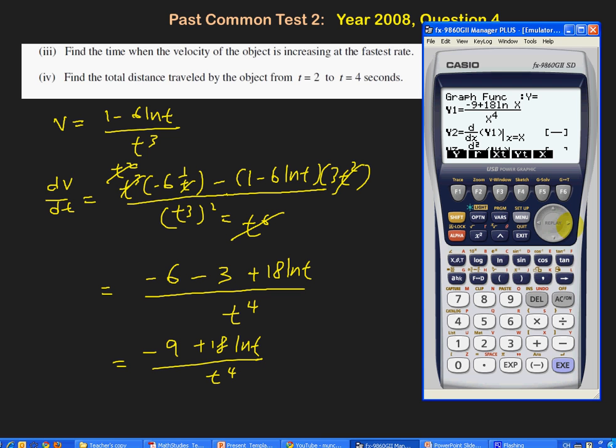Well, we of course can solve this by hand, but it is actually quite difficult, and the question itself did not restrict you from using GC, so why not, right? So let's set the window first, from 0.5 to 4, and I suspect this will be sufficient. From minus 5 to 3, let's try something smaller.